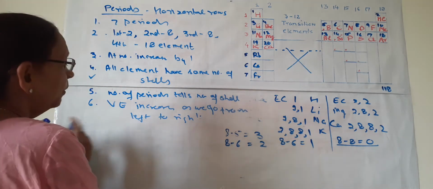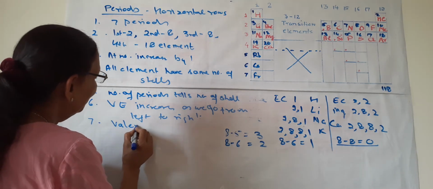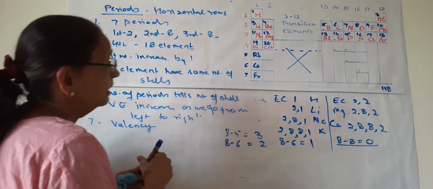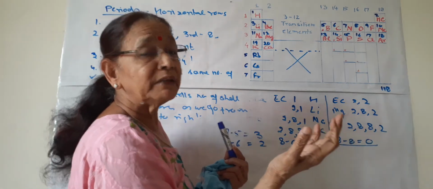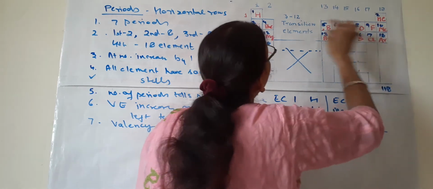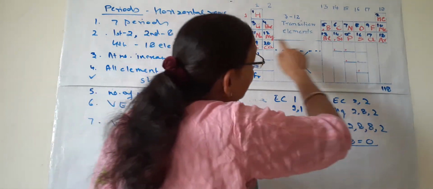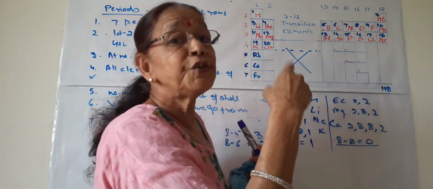Now the seventh point is about the valency. We just discussed valency when we were discussing groups. In a group we have seen the valency remains the same, but in a period the valency changes.